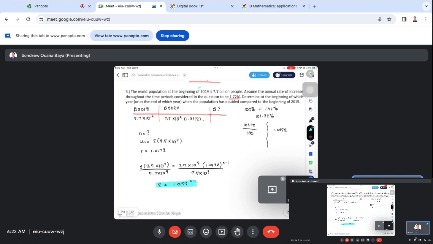And when we simplify it, we end up with this: 2 equals the rate, whatever the rate is, raised to the power of n minus 1. 2 is a number to describe doubled. That means if the question was at what particular year will the population be tripled, do you really have to do the entire thing?